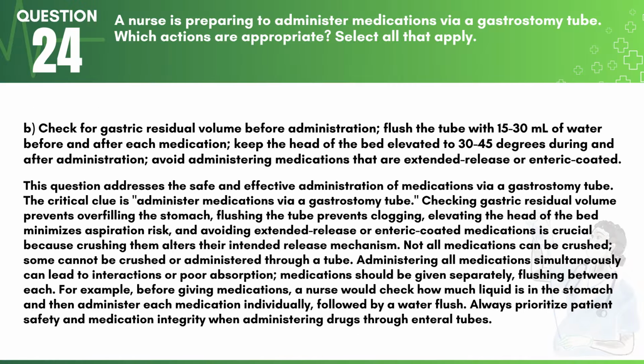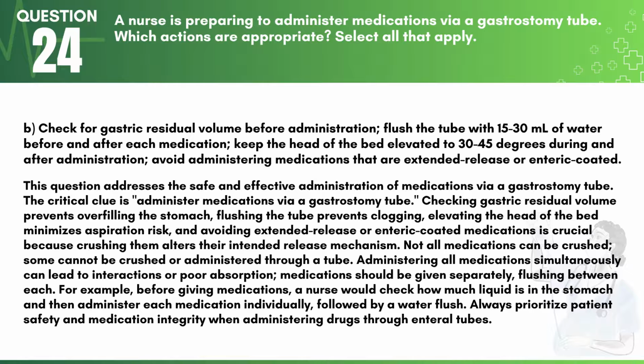Answer. Check for gastric residual volume before administration. Flush the tube with 15 to 30 milliliters of water before and after each medication. Keep the head of the bed elevated to 30 to 45 degrees during and after administration. Avoid administering medications that are extended release or enteric coated. This question addresses the safe and effective administration of medications via a gastrostomy tube.